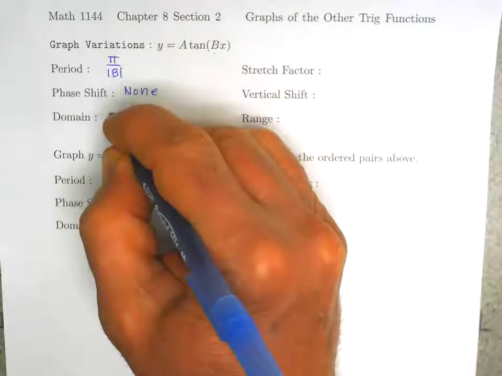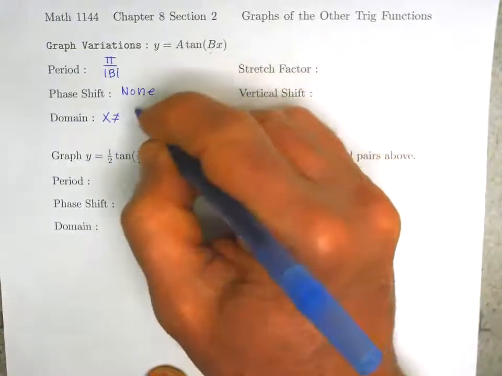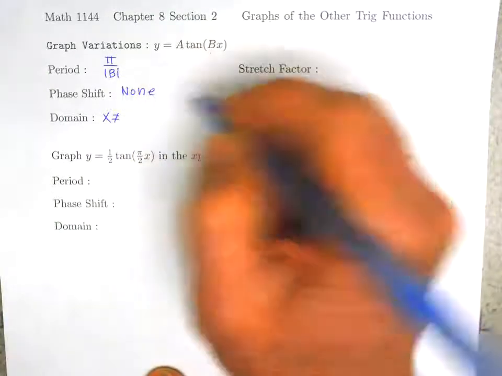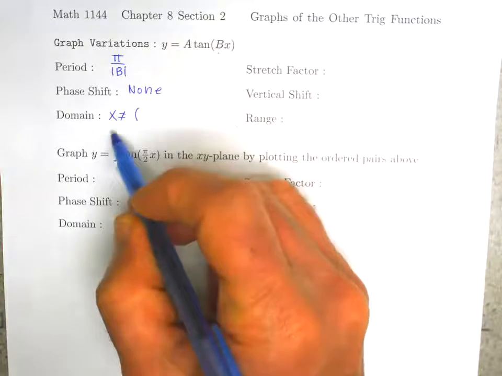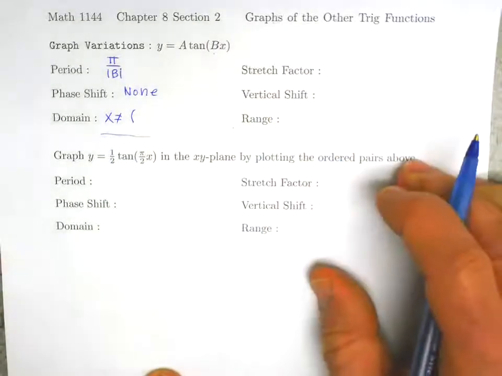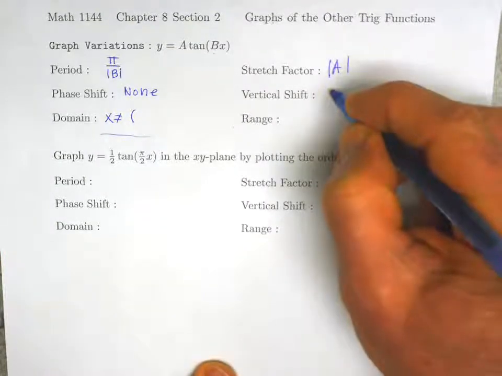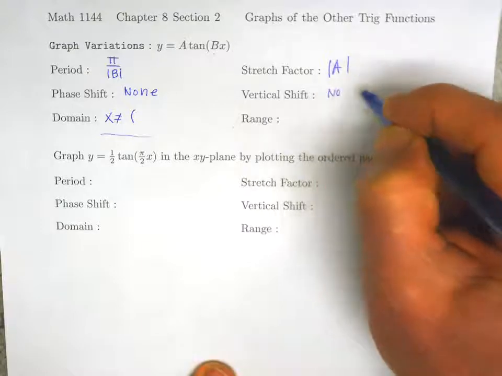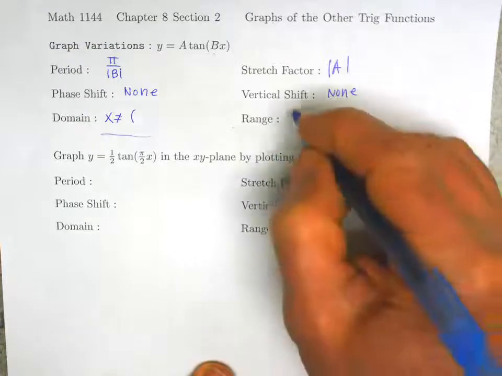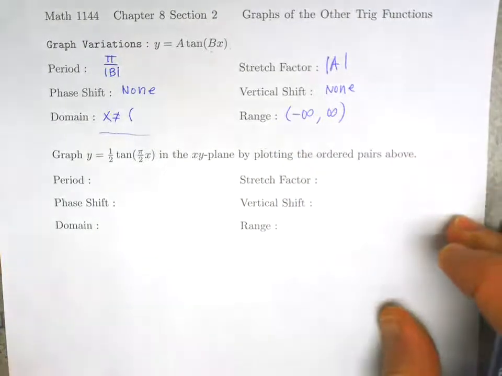So we could say that x does not equal, well, I have a blank right now. I'll fill this in a little bit later. The stretch factor is the absolute value of a, and there is no vertical shift. And the range is -∞ to +∞.